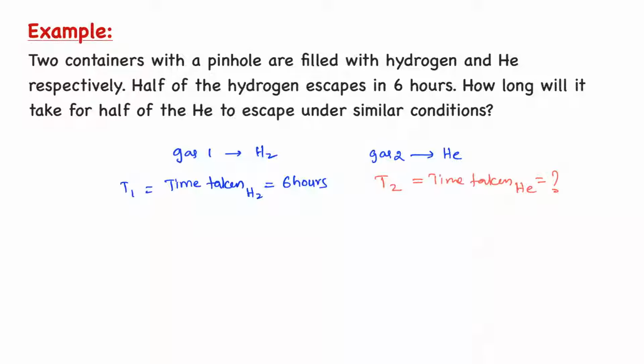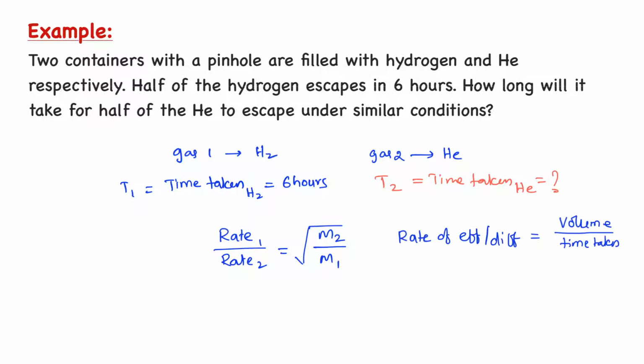We know that rate of effusion of gas 1 divided by rate of effusion of gas 2 is equal to the square root of molar mass of gas 2 over molar mass of gas 1. However, the rate of effusion of gas 1 is not given in the problem. Instead, the time taken by hydrogen gas to effuse half of its volume is given as 6 hours. The rate of effusion is nothing but the volume of gas effused divided by time taken.